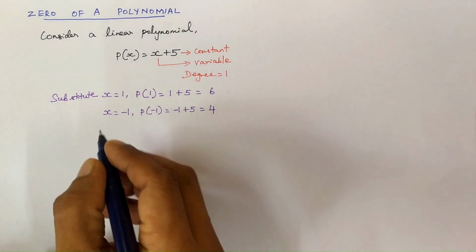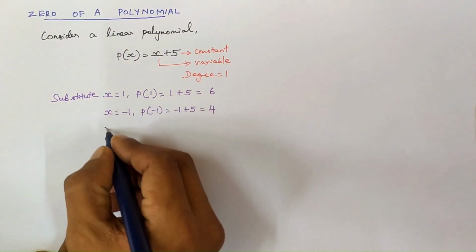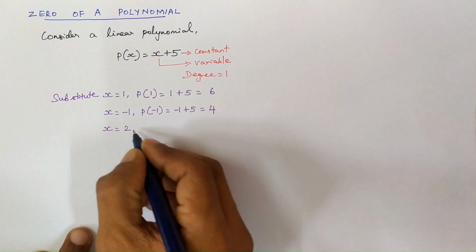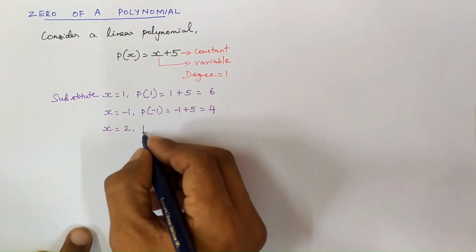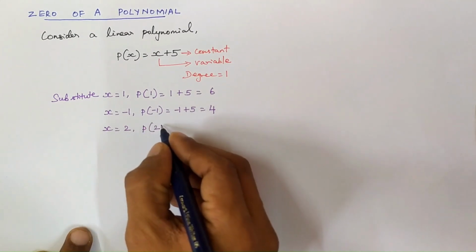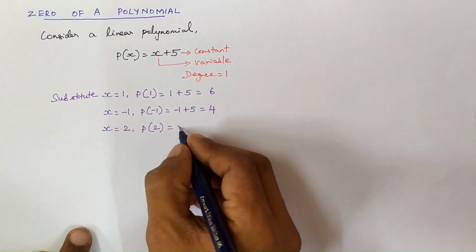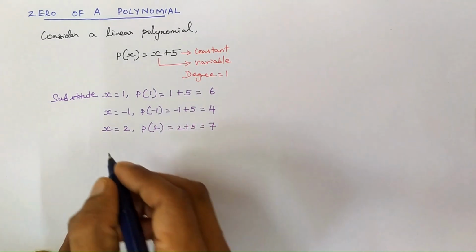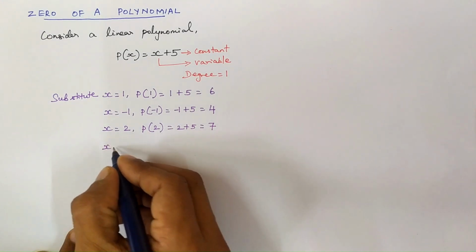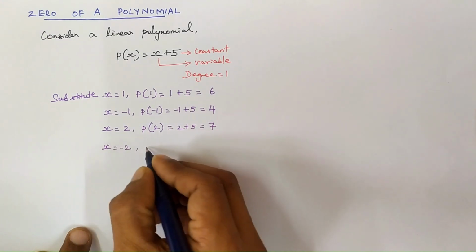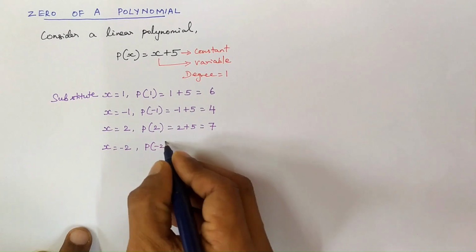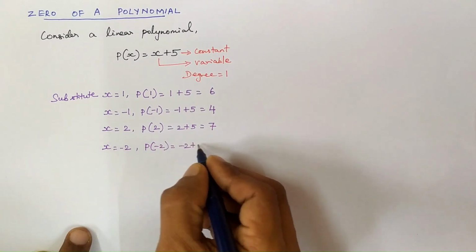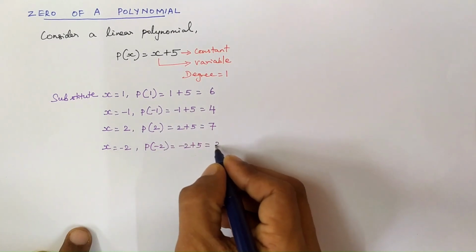Similarly, let us substitute x is equal to 2. The value of the polynomial p of 2 is equal to 2 plus 5, that is equal to 7. When x is equal to minus 2, p of minus 2 is equal to minus 2 plus 5, which is equal to 3.